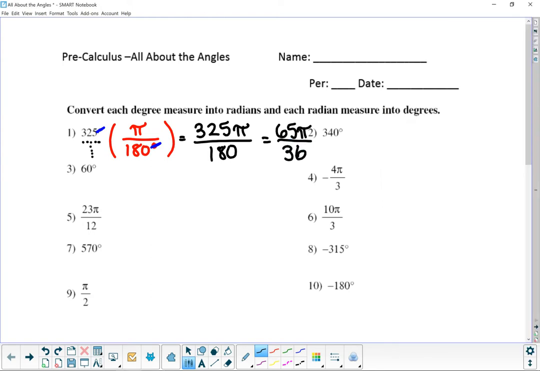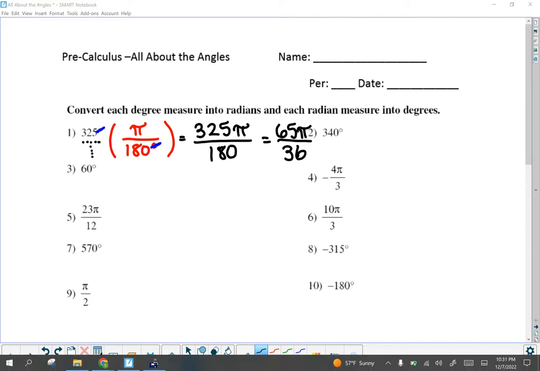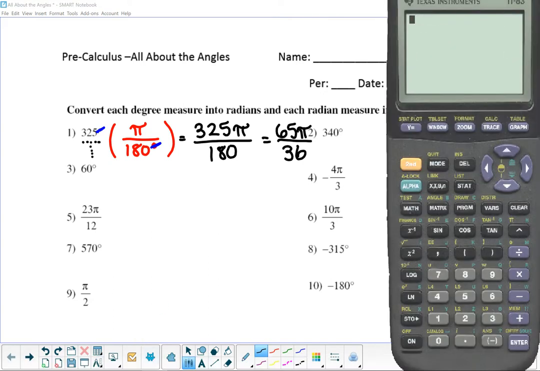Then I'm going to see if I can reduce that even more. What divides into 65? 5, but 36 doesn't divide by 5 because it doesn't end in 0 or 5. So I think I'm done, but I'm going to show you this feature on the calculator. I'm going to put in 65 divided by 36, and when I hit divide, it comes out to be 1.8055555.